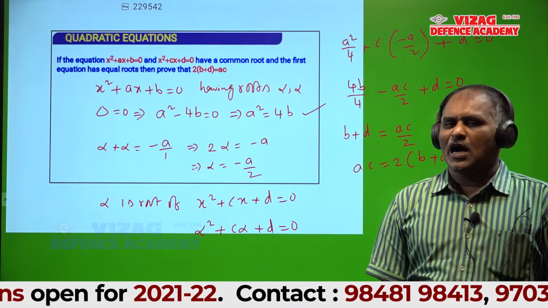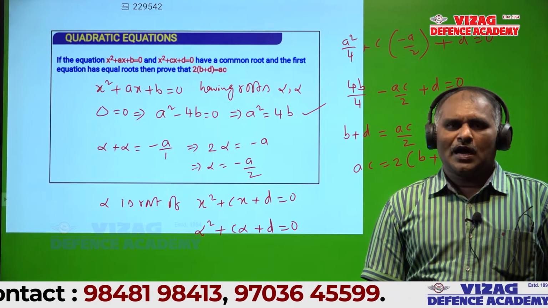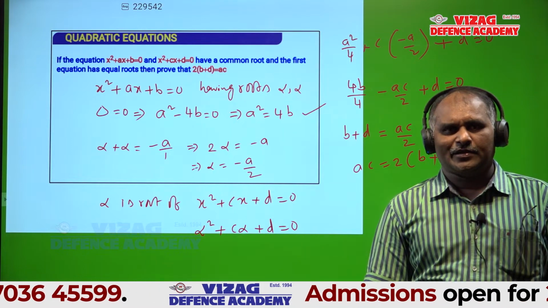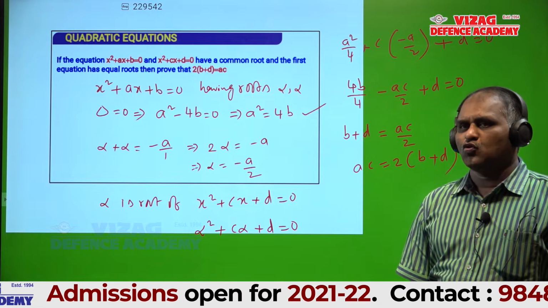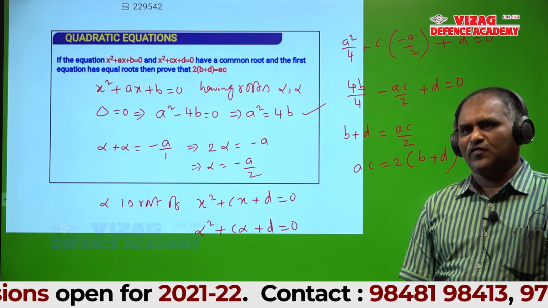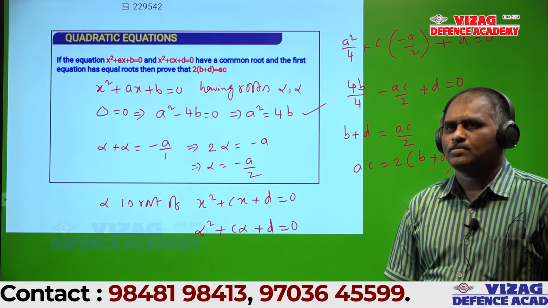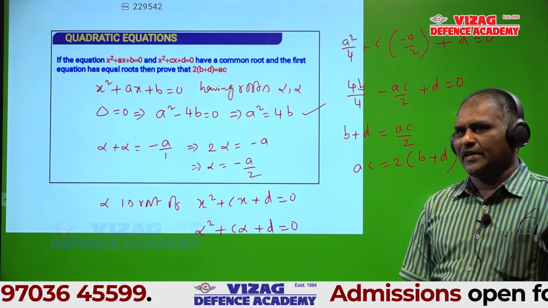Just having a common root will be there. How to do that? How to find out the condition, or how to find out the roots when there is a common root? It is a different process. Based on one question I can explain.